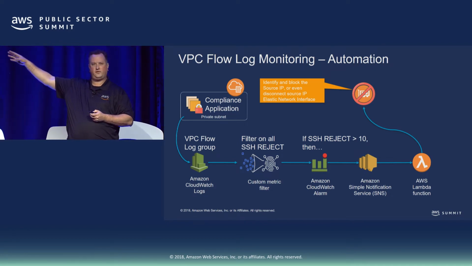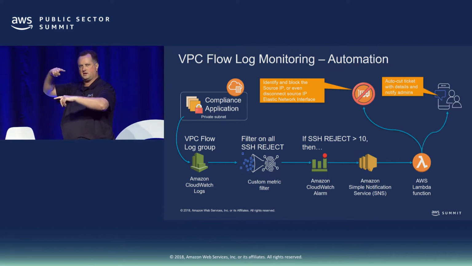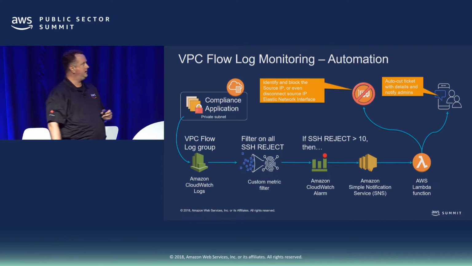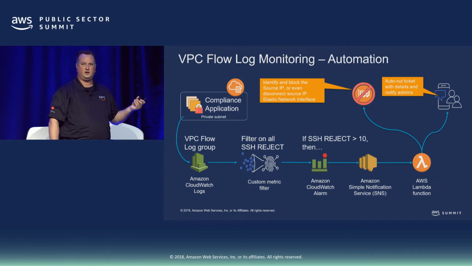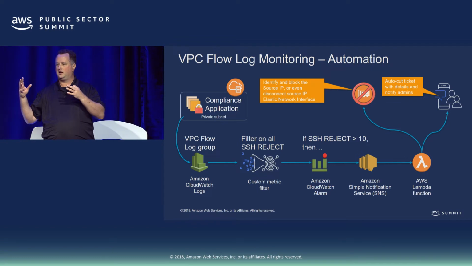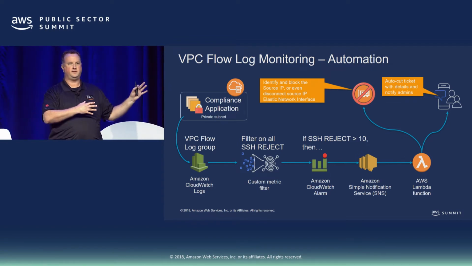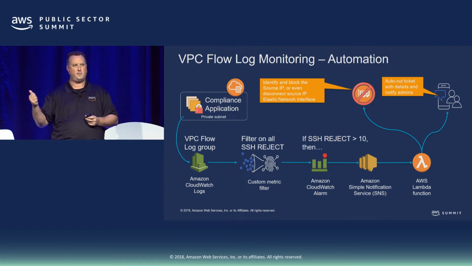After the code finishes to actually move this server off or disconnect it, we can run a second set of code in that Lambda function that would auto-cut a ticket and notify admins. So if you use a downstream ticketing system that has a front-end API on it, that is fantastic for this kind of stuff. Lambda can trigger that automatically.